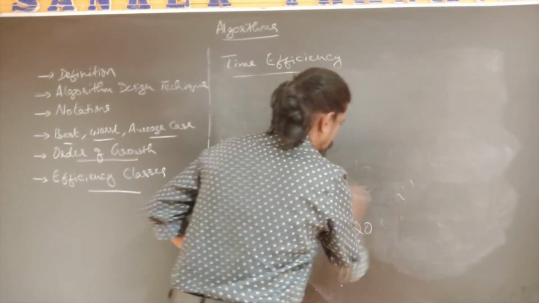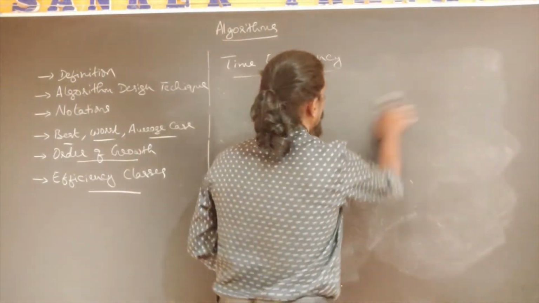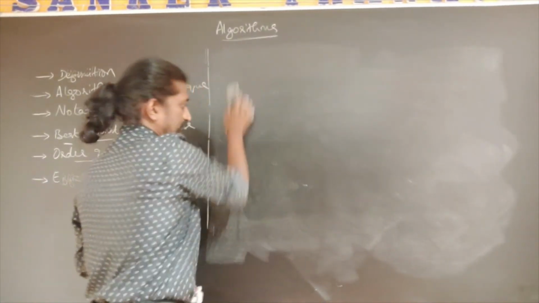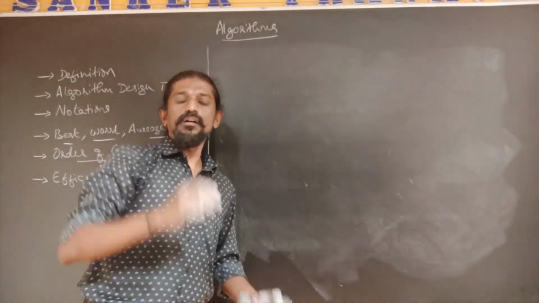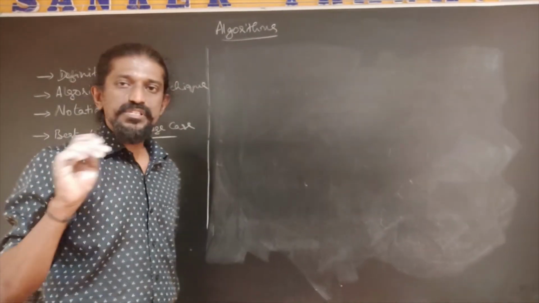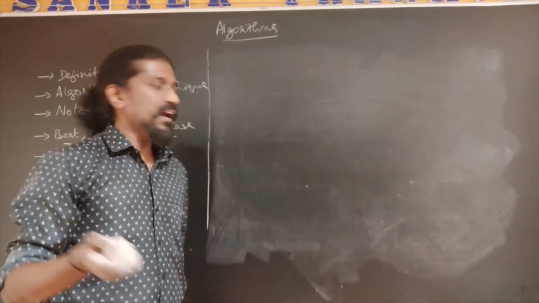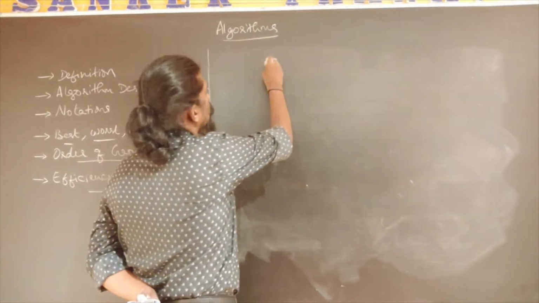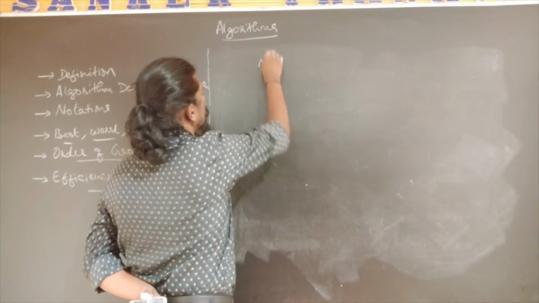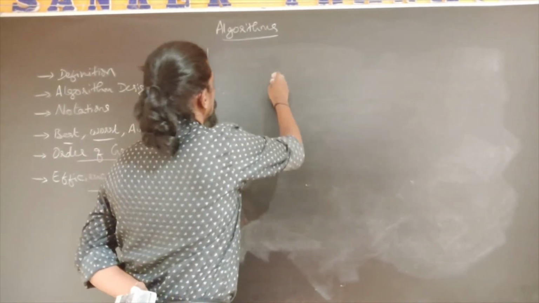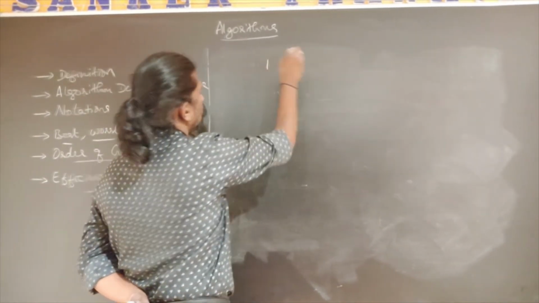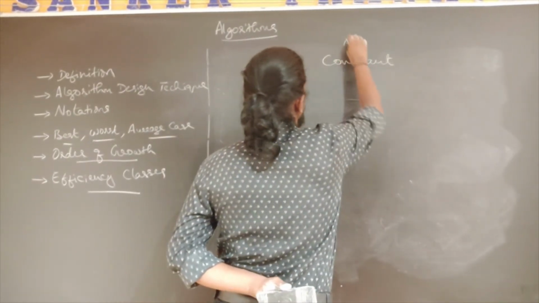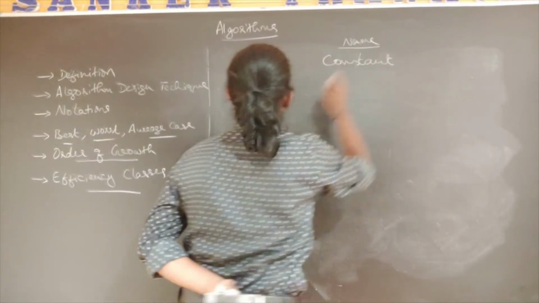When we want to compare the efficiency of an algorithm, we need some standard curves, g of n's. There are some standard curves with which we compare. They are called the efficiency classes or the complexity classes. We have 1, called constant.